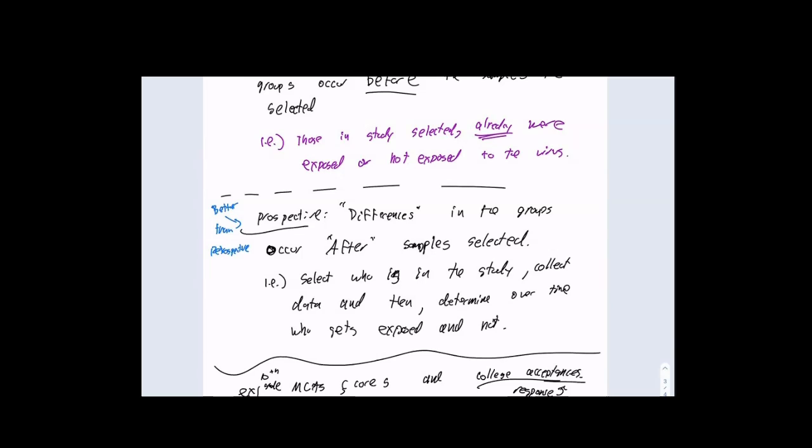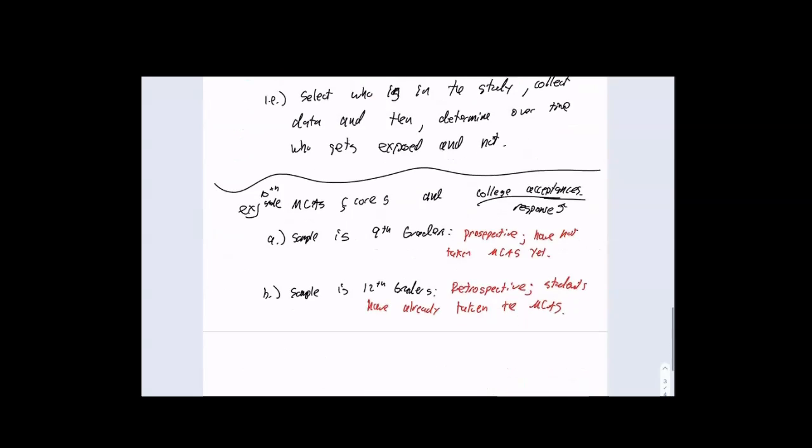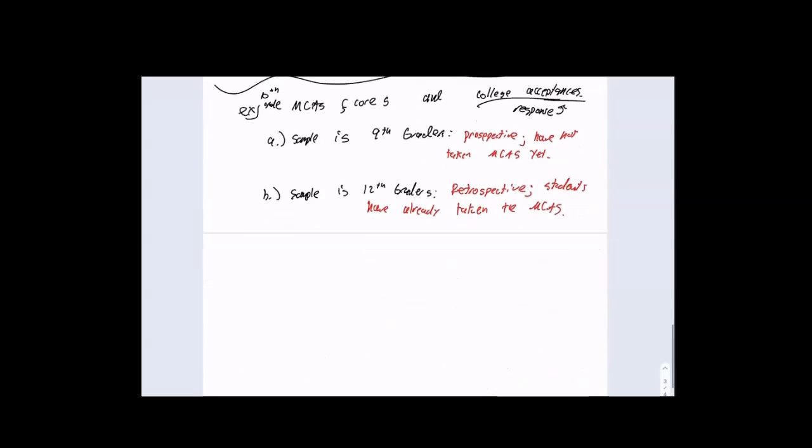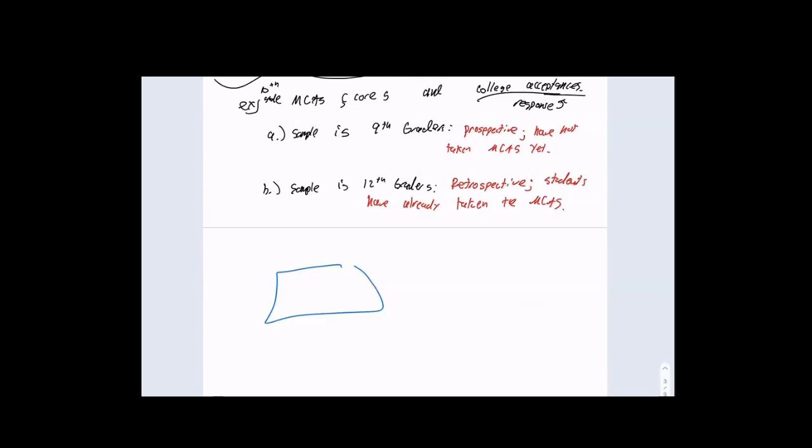Now, I talked about these two variables. The last thing I have for my notes is that we are going to compare a variable. This is called the response variable. And there are differences in groups.